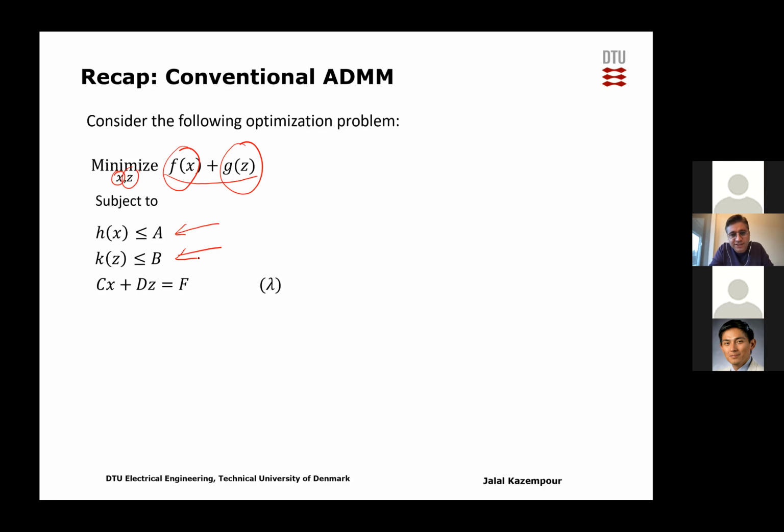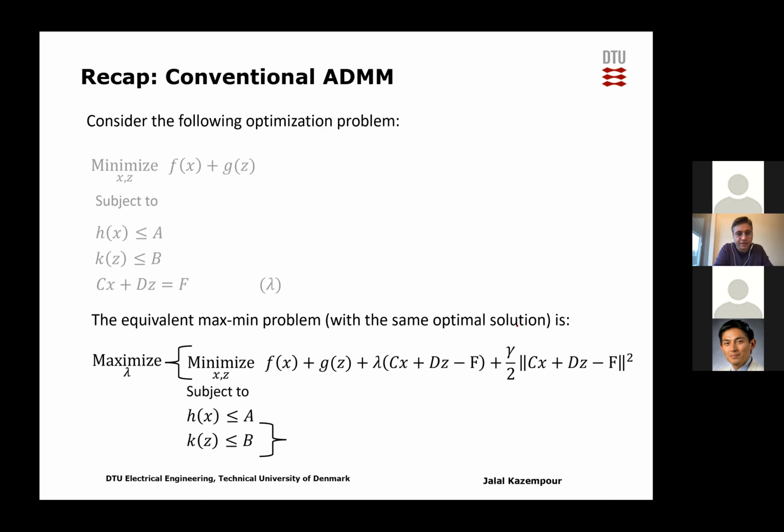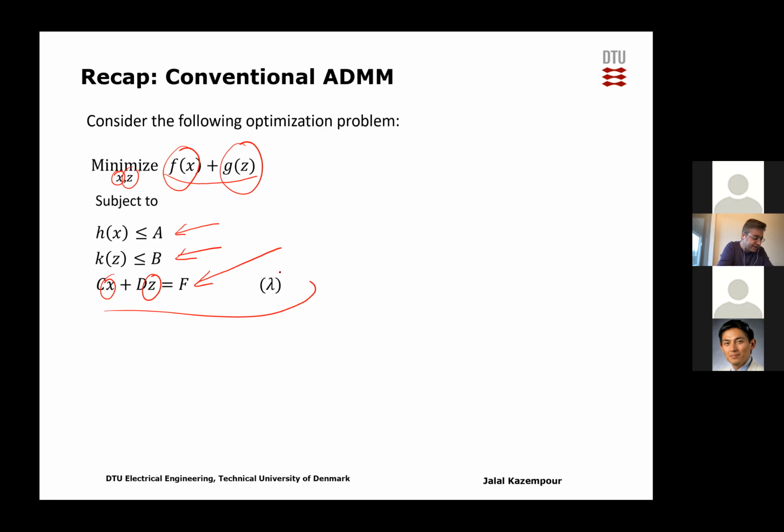The first one is just X dependent, the second constraint is just Z dependent, while we have a complicating constraint, or linking constraint, that links variable X and variable Z. And we already learned that the last constraint is our complicating constraint.